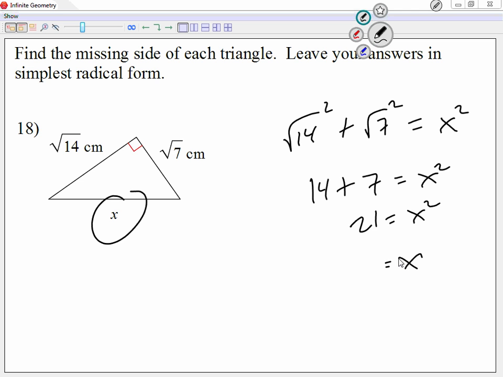So x must be the square root of 21. Simplify your radical. I know this one's going to break down as 3 and 7, but nothing's going to come out. Remember, only groups go out. So x is radical 21. Right? That's already simple. Again, I know we can split it as 3 and 7, but nothing comes out, like no groups. Any questions?